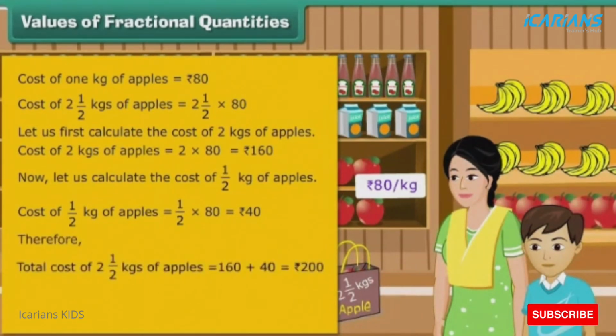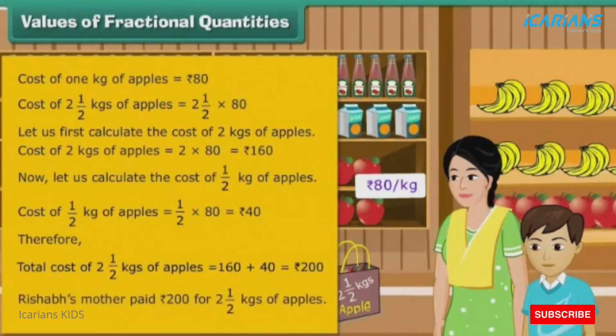Therefore, total cost of 2.5 kgs of apples is equal to 160 plus 40, which is equal to Rs 200. Rishabh's mother paid Rs 200 for 2.5 kgs of apples.